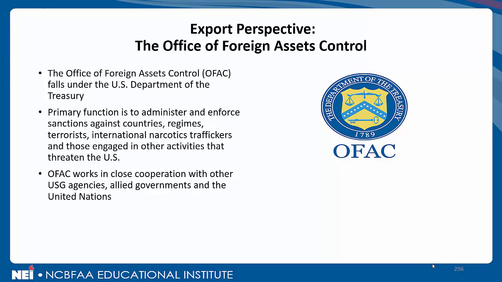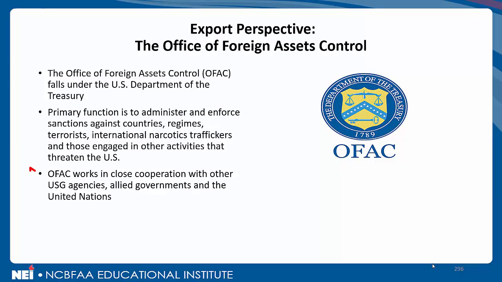Second bullet point, their primary function is to administer and enforce sanctions against countries, regimes, governments, or at least they call themselves governments, terrorists, actual individuals, international narcotics traffickers, individuals as well, and those engaged in other activities that threaten the U.S. So an all-encompassing basket statement at the end of that bullet point. But countries, regimes, terrorists, narcotics traffickers, and anybody else that threatens the U.S., OFAC will have some involvement.